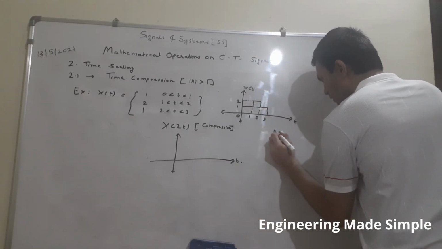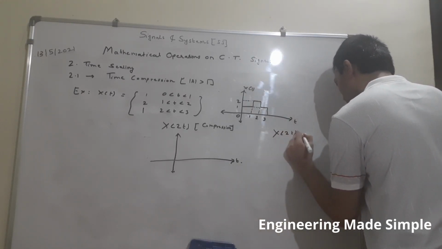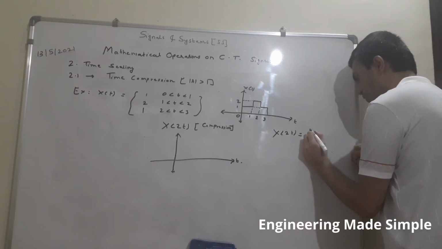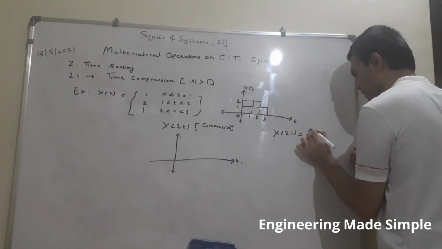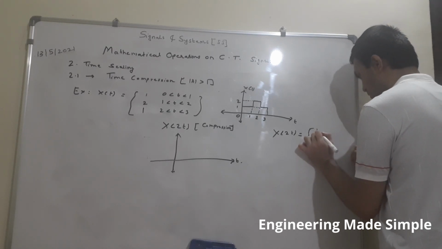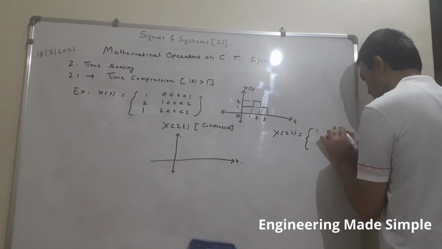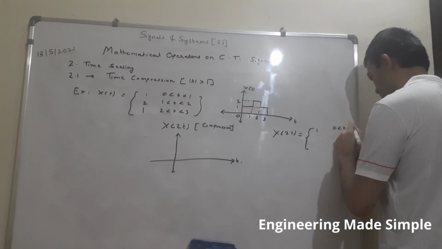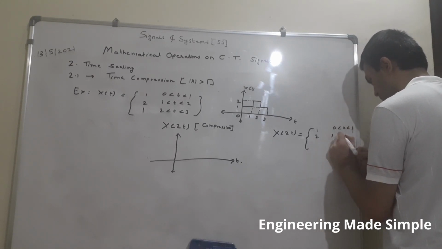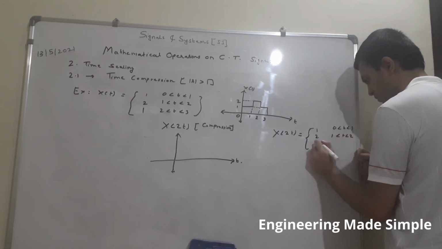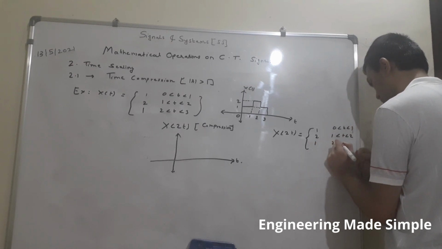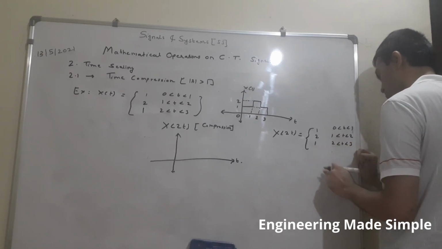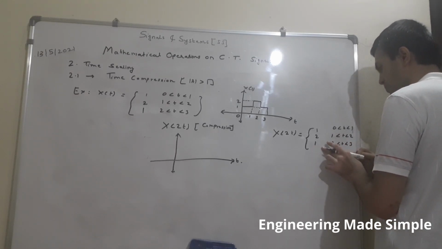For this signal, the amplitude value will not change because you are doing time scaling here. Now remember, the amplitude values will remain the same: 1, 2, 1 over the intervals 0 to 1, 1 to 2, and 2 to 3. But what will change essentially is the time instant value.